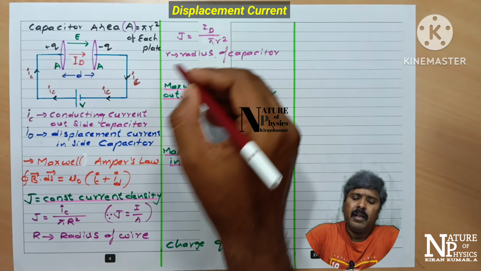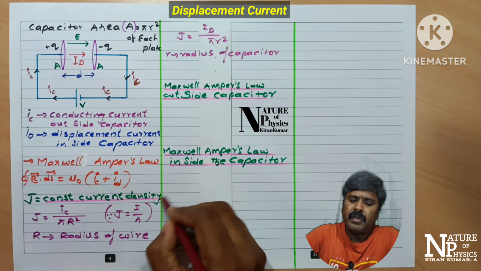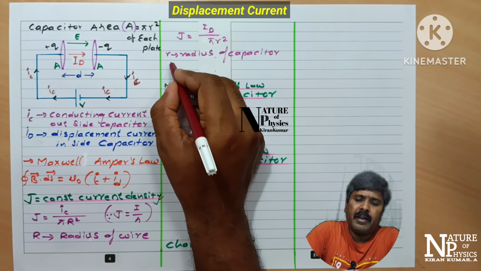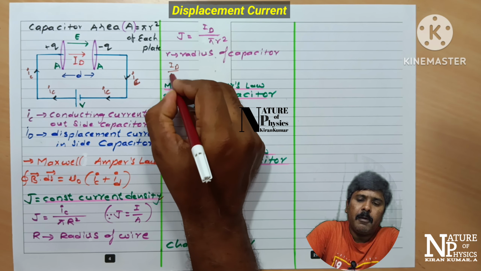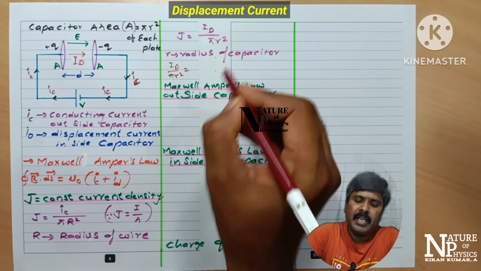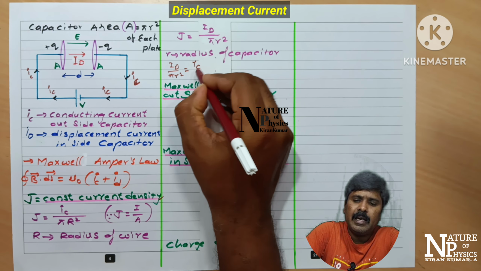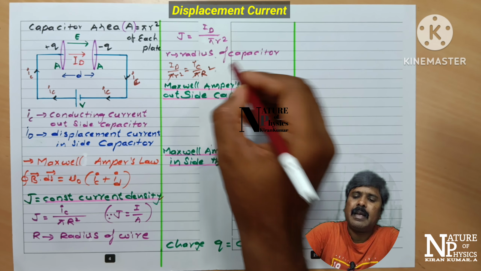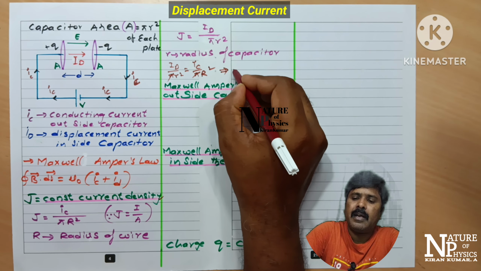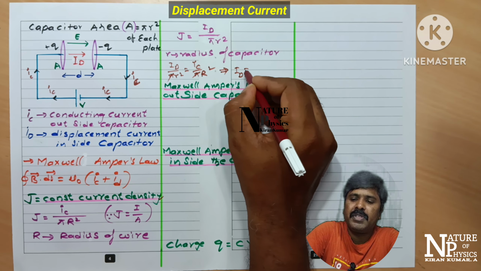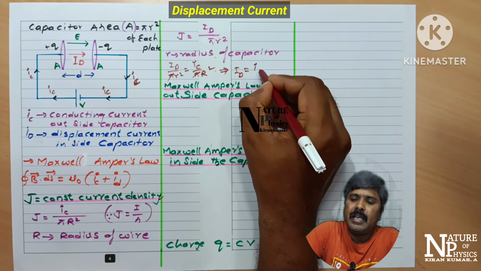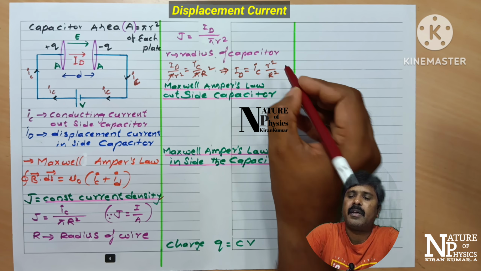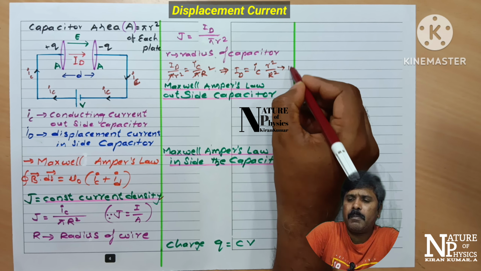The current density remains constant, that's why both equations balance. So I can write ID by pi r square equal to IC divided by pi capital R square, so that pi gets cancelled. Next, the displacement current ID is equal to IC into small r square divided by capital R square. This is equation number 1.